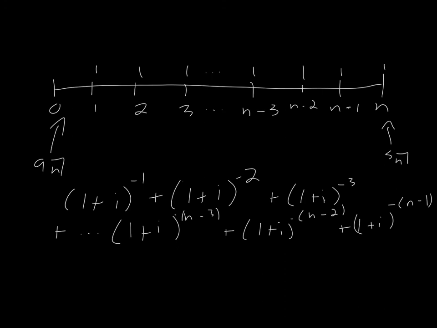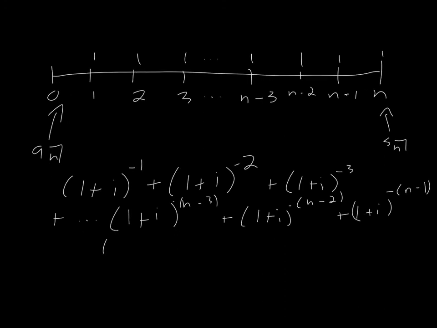And eventually it gets us to (1 plus i) raised to the negative n. In other words, that last dollar at time n took n periods to discount back to whatever your present value was. And this then equals A angle n.